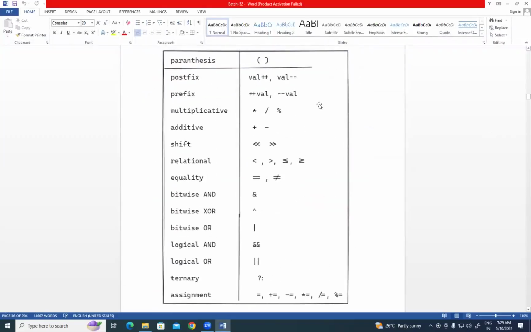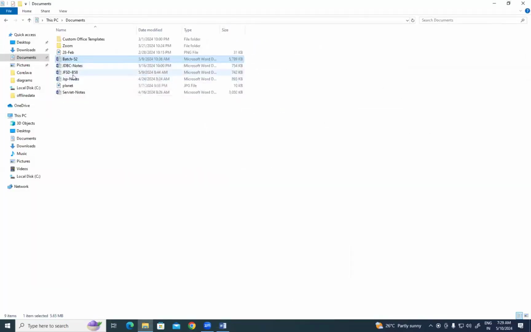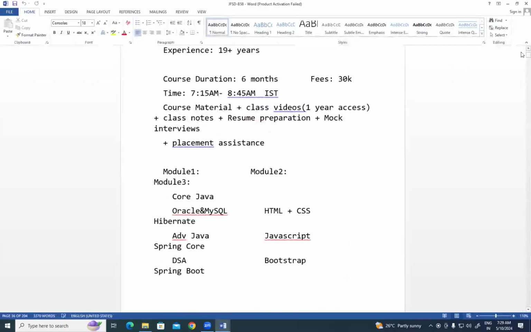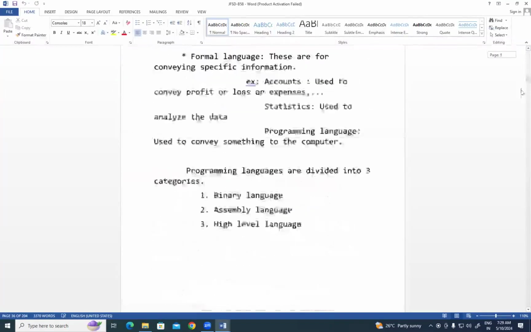Yeah, this table I would like to show you. But before this, I would first like to explain something called a ternary operator.